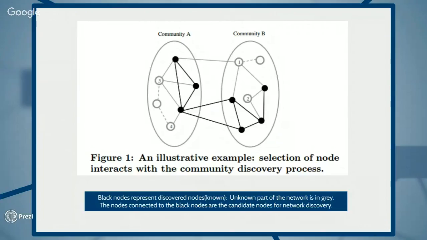Now, what happens when we add node 1? Basically, the two communities that we have till now will become more connected.